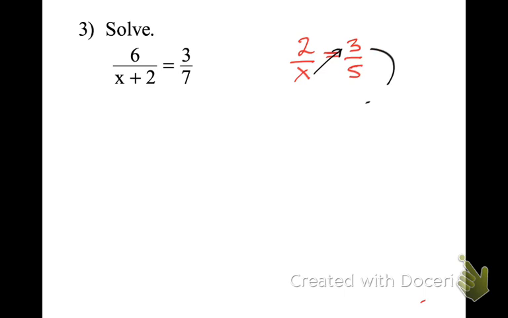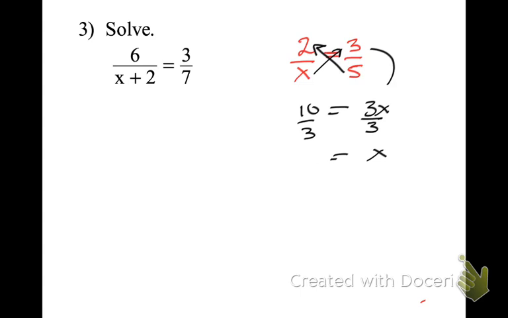This will be 3x, and this will be 10. Then we divide by 3, and x is equal to 10/3. We can solve this problem the same way. That's called a proportion. It was part of Math 7. We studied it, and we could do cross products.